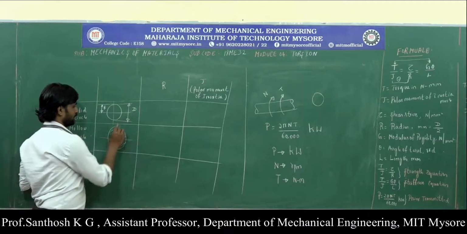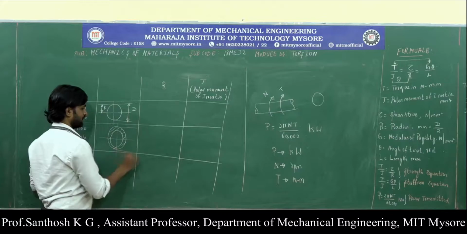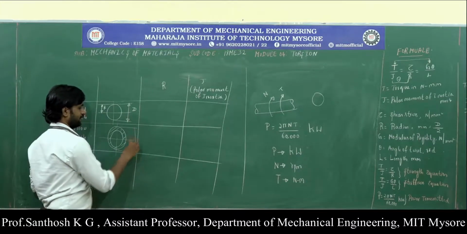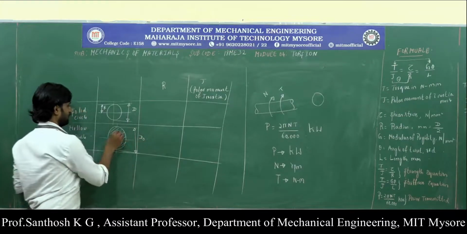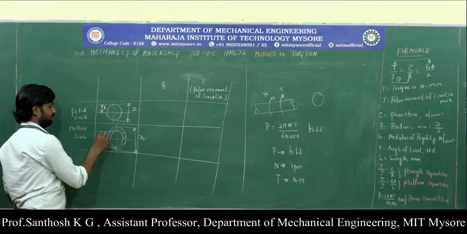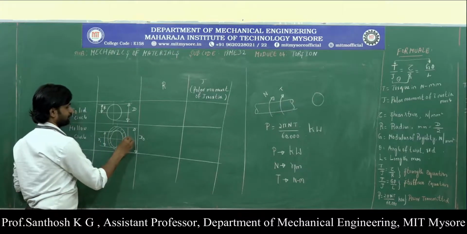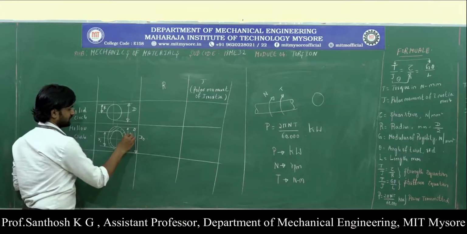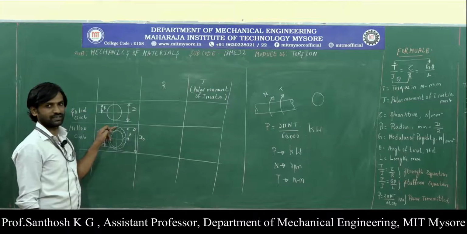If you take the hollow circle, here we have two different diameters. The bigger diameter is denoted by d naught, and the smaller diameter is denoted by di. Here R represents the distance between the center and the circumference.